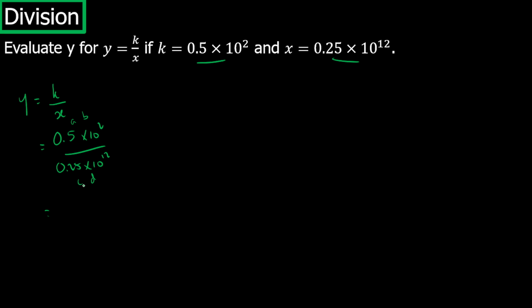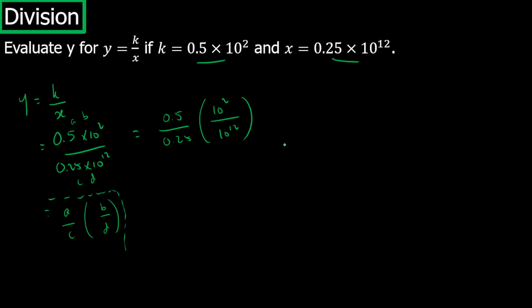What I can do is rearrange that into A over C multiplied with B over D, and it will look like this: 0.5 over 0.25 times 10 to the power of 2 over 10 to the power of 12.